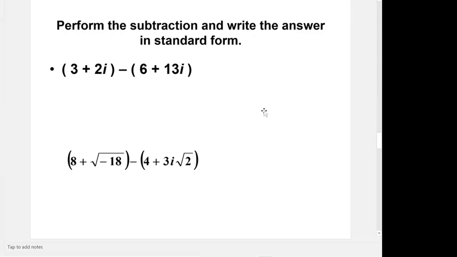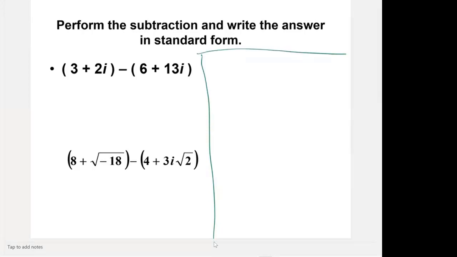Again, addition and subtraction is pretty simple. I'm not going to do the first one because I'm pretty sure everybody can do the first one. It's pretty simple. You just distribute that negative. I'm going to do the second one because it's got some radicals in there. So the first thing I'm going to do is just take off my parentheses.